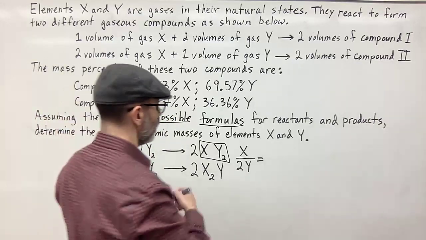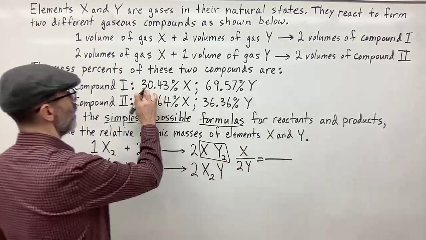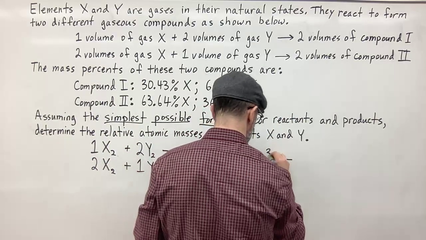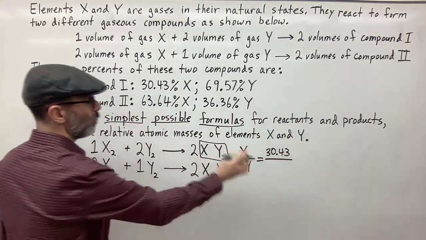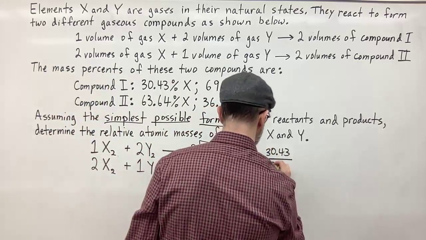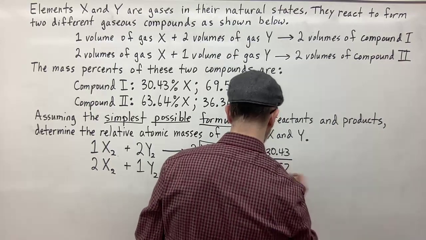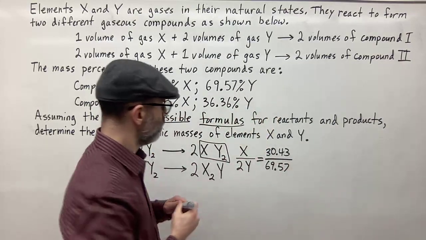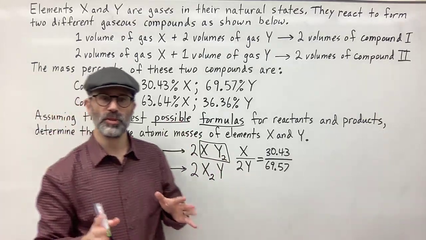So we can just assume 100 grams. So x is on top, 30.43, and then y is on the bottom, 69.57. Okay, so with me so far? Hope you are with me so far.